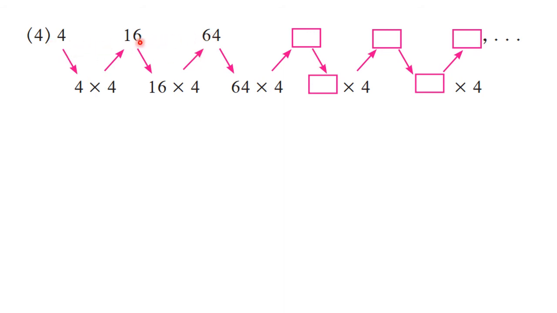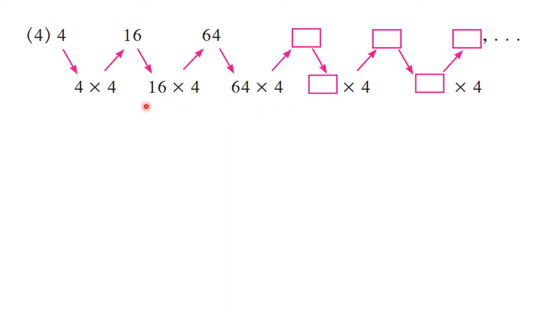But what we can find here is that we get the next term by multiplying the previous term by a constant number. See, 4 fours are 16, 16 fours are 64. Similarly, when you multiply 64 by 4, you will get the next term as 256. Similarly, you can write down the remaining terms also.